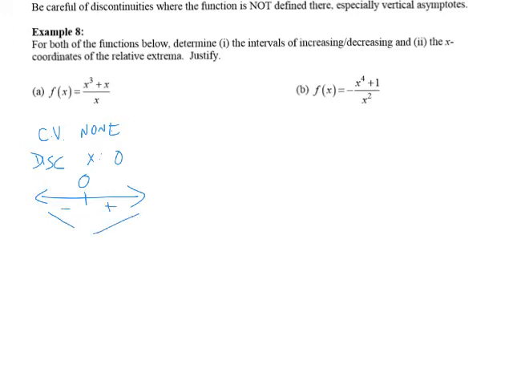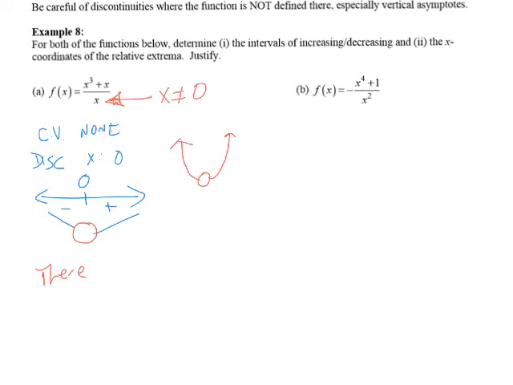So we're going to put that on our number line chart and see that the function has a derivative that's negative and a derivative that's positive. One would argue that we have a local minimum there, but because the function does not exist at 0, because x can't be 0, there is no local minimum. What we have is a curve that's coming down and then doesn't exist and then goes back up.